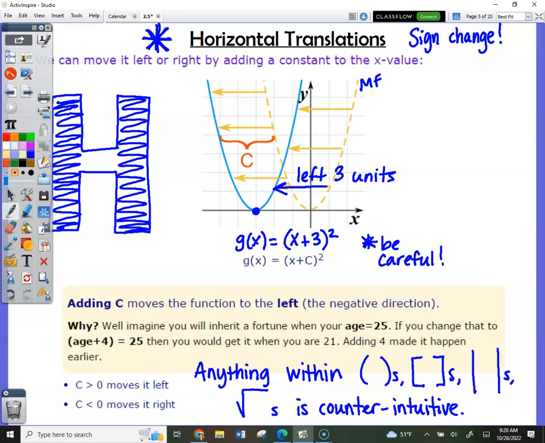Now, before we move to the next slide, let's practice it. What direction did we move in this example? We went left 3. Left would describe a horizontal shift, correct?